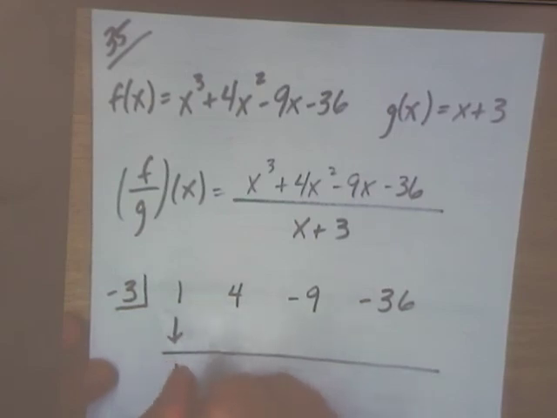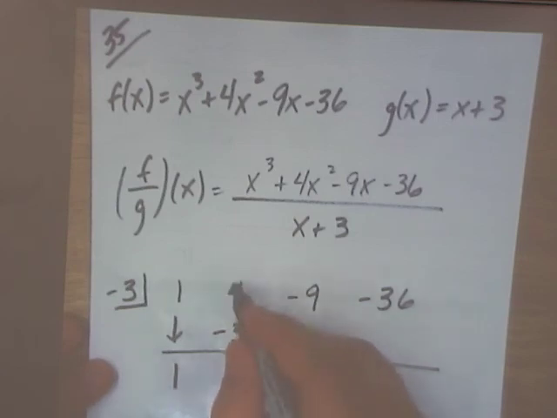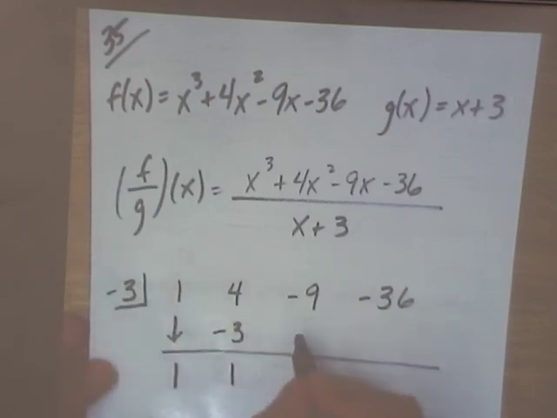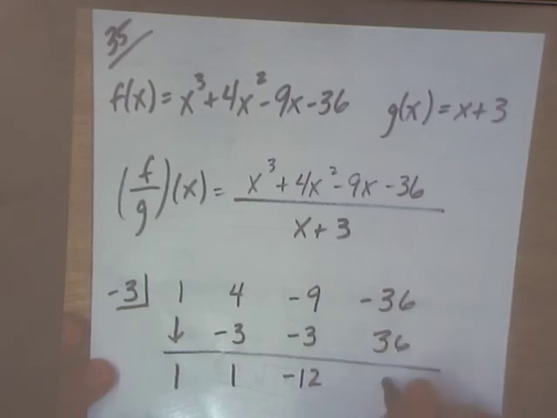Bring the first number down. Now we're going to multiply and combine until we're done. Negative 3 times 1 is negative 3. 4 and negative 3 is 1. Negative 3. Negative 12. 36. 0.